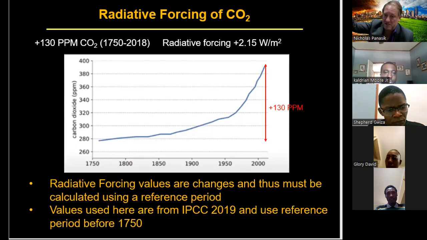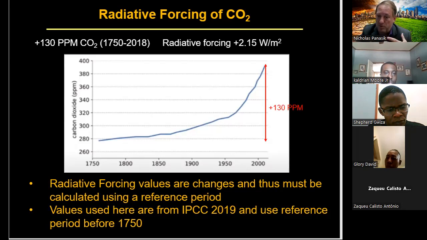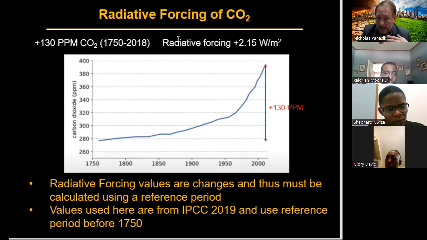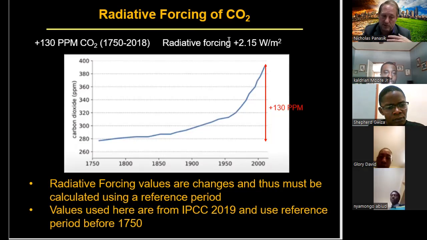So the amount of CO2 that's increased in our atmosphere has been about 130 parts per million. Okay. And they calculate from that a radiative forcing of about 2.15 watts per meter squared. So now we can correlate an amount of CO2 increase with the energy imbalance that the planet's going to need to adjust to.